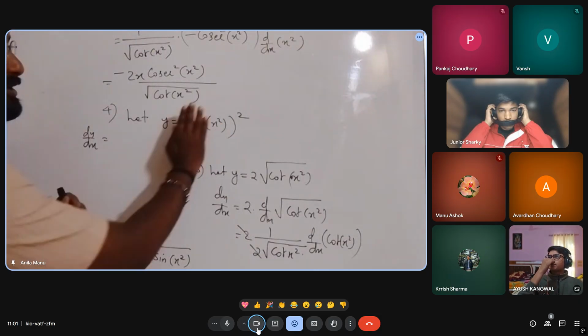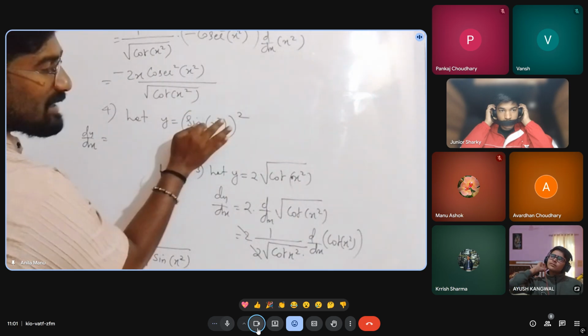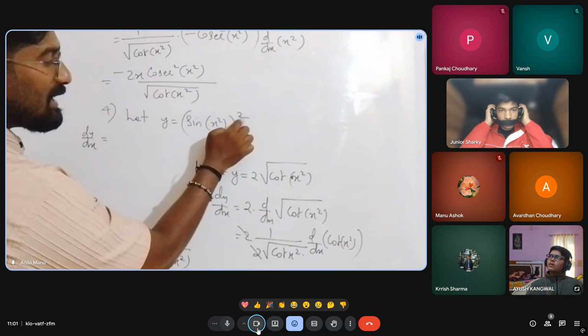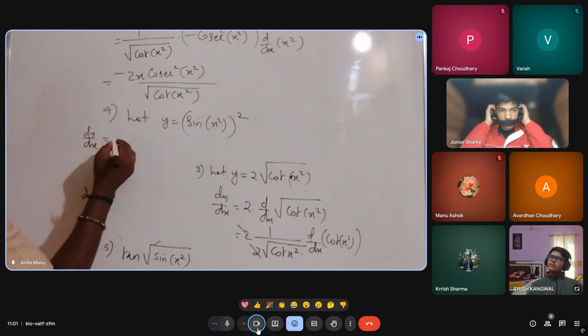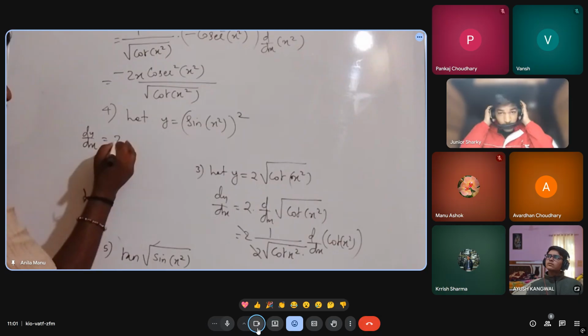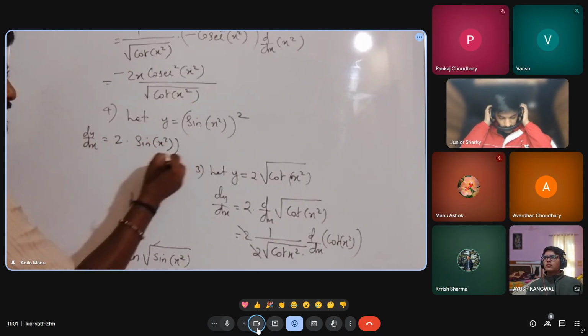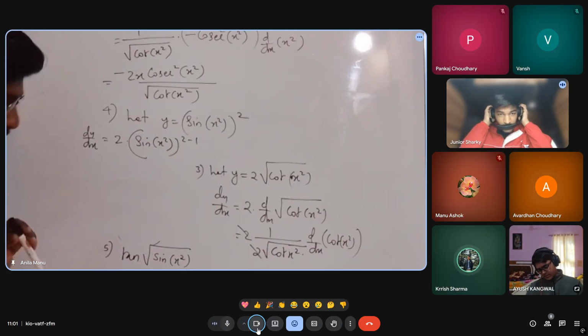This is of the form x raised to n. So derivative of x raised to n is n into x raised to n minus 1, where n is 2 here. 2 into sine x square raised to 2 minus 1. Got it?